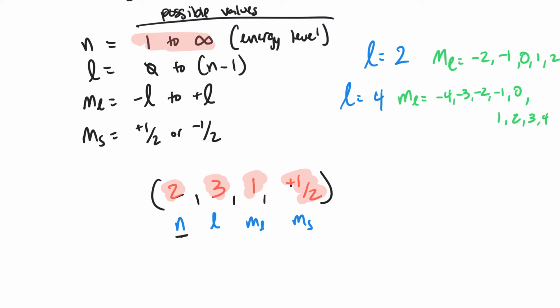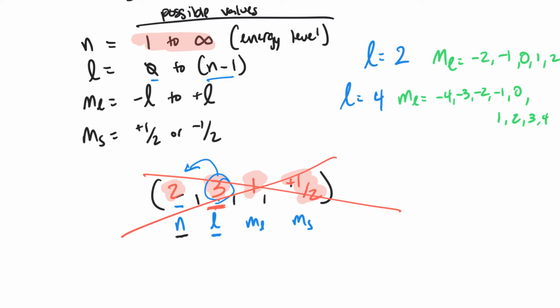Let's look at L. L is 3. We know the possible values for L are always 0 to N minus 1. Does this fit within the range? No. So this is completely incorrect, and this cannot work simply because this number is wrong.